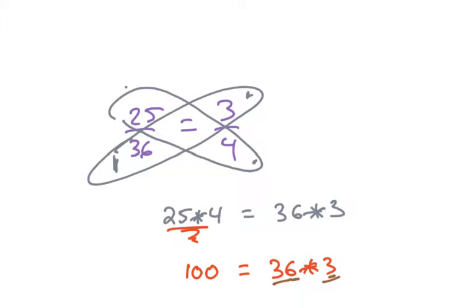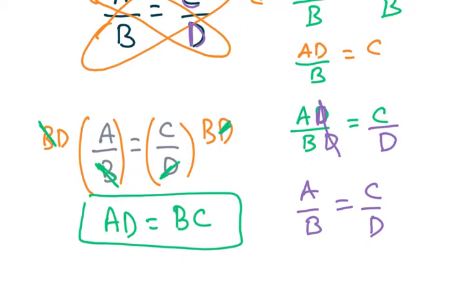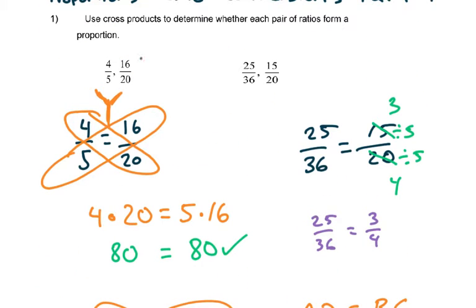There's no way that the product, when you multiply 36 times 3, we call it the result, the product can never be 100. So you don't have to actually solve it all the way. You can just look at it and you can see that those would not be equivalent, okay? So we can say for the first one that is true, and for the second one, that would not. Let's move on.